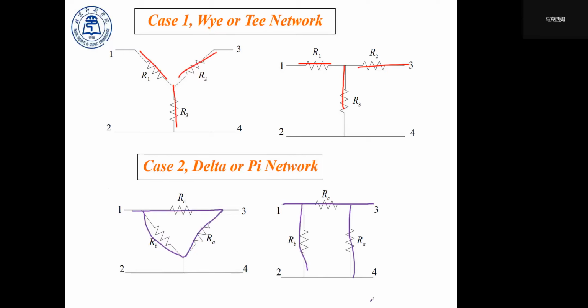But theoretically, those two are the same, because this point we call point A, and this point B, they are connected with wires, so they are basically the same point.